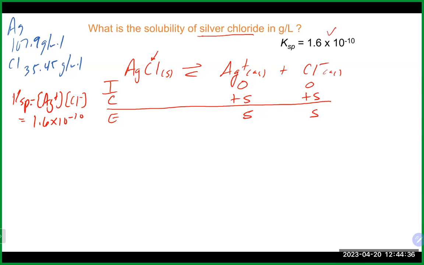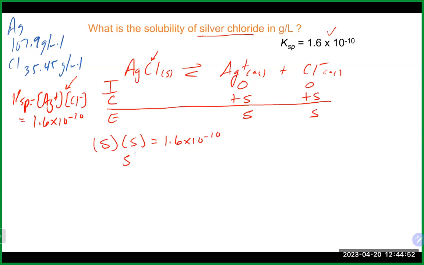So kind of similar to what we've done before, we're going to try to solve for S, and we're going to take those and put them into our Ksp expression. If we do that, we end up with S times S is equal to 1.6 times 10 to the minus 10.